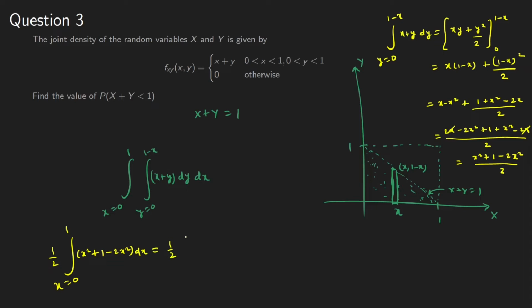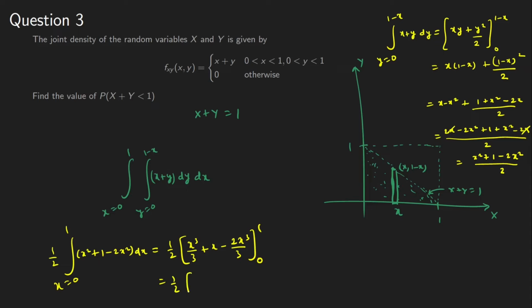So finally we will get x minus x cubed by 3, and we will integrate it between 0 and 1. Okay, integrated between 0 and 1.